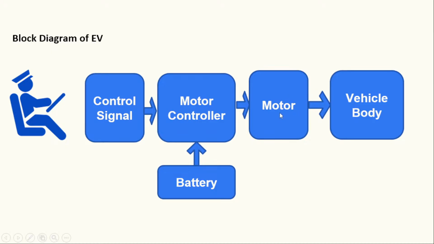Whenever we apply the signal, it is transferred to the motor, and automatically the vehicle moves forward. That is the main function, how it works. Here we are transferring the power supply from the battery. Just observe that, right?